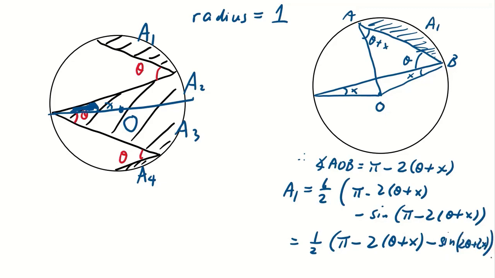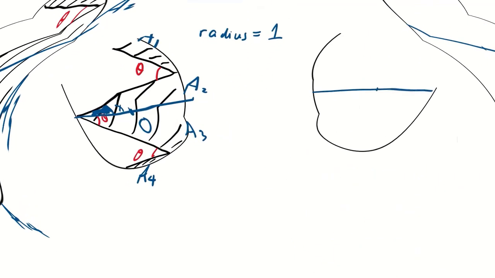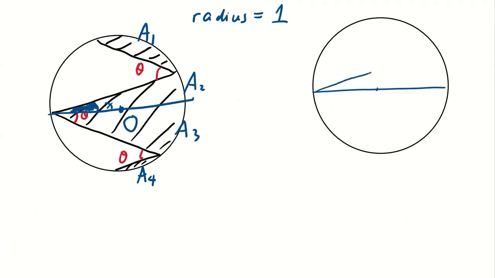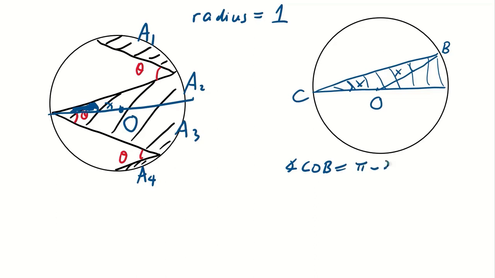Now we are going to get A2. This is what we need to consider. This is x, and therefore this is x. So A2 will be everything here. Note that the angle COB equals pi minus 2x.